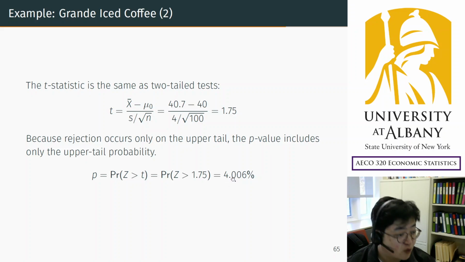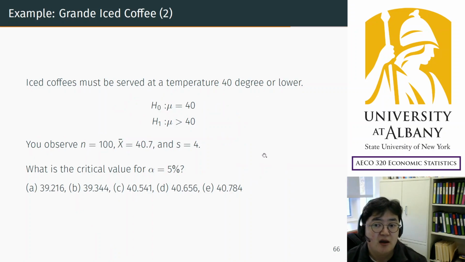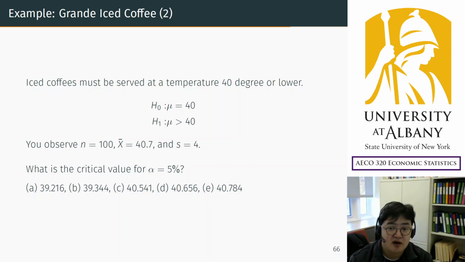That is 4%. So the p-value is 4%. Then now I will let you calculate the critical values. Again, it's an upper tail test. All the numbers are the same. Use the 5% significance level to calculate the critical value.